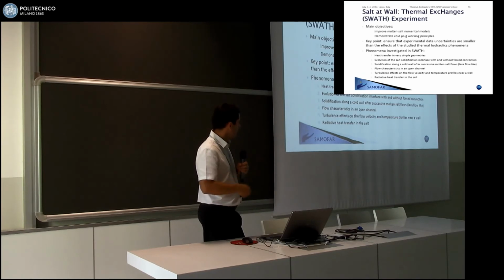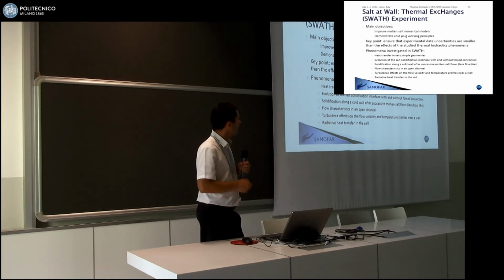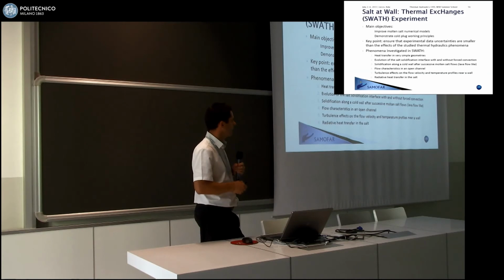So now let's look very quickly at the experimental part. There are two main experiments in the project. One is SWAT, the other one is Dynasty. SWAT is done in Grenoble, Dynasty is done here. In SWAT, what we are looking at is heat transfer in very simple geometries. We are studying solidification, so we want to validate the numerical model I mentioned before. We look also at flow in an open channel.